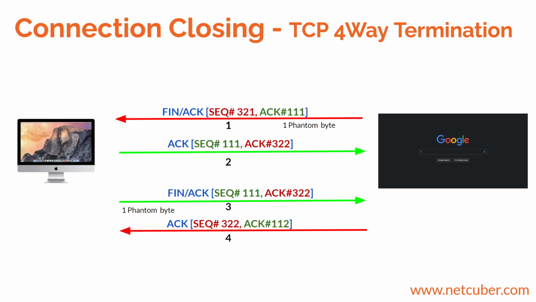So the server has to acknowledge that. What happens? It received one phantom byte, so it updates the client sequence number by making it 112, acknowledging it, and it's sharing its latest sequence number. So this is how a connection closing happens, which is also called TCP four-way termination.